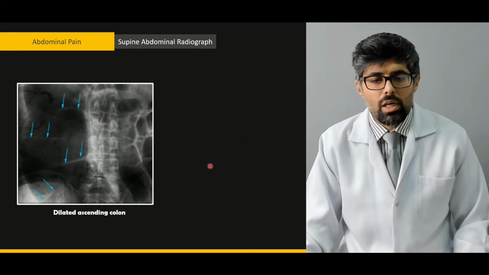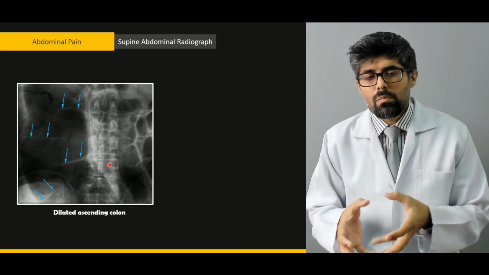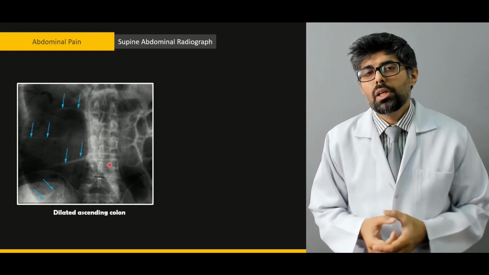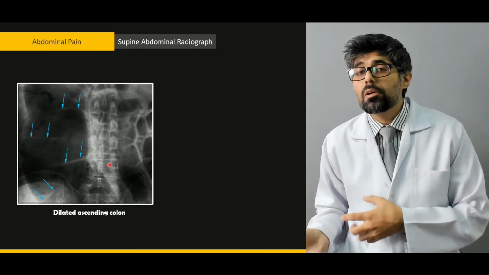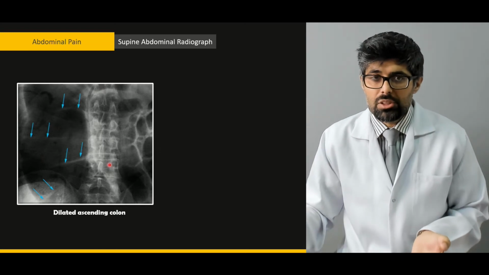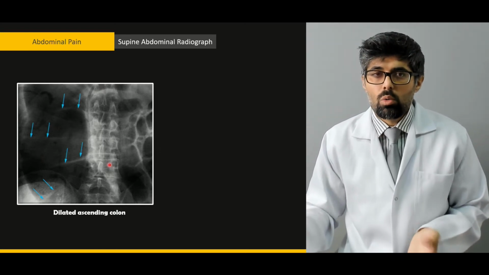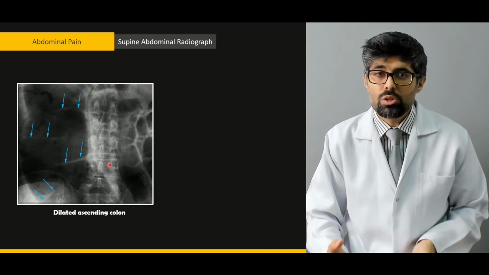Now, in a supine position, air inside the bowel can either be in the small intestine or inside the large intestine, that is the colon. How we can differentiate between them is through the folds.